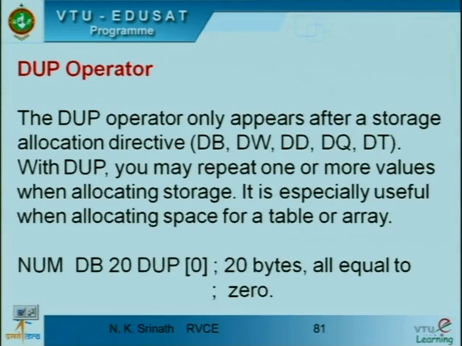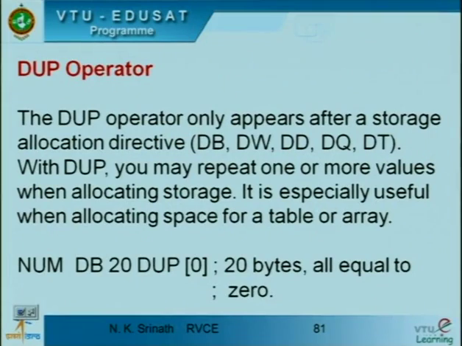Now apart from this, there is a quite important point, what is called the DUP operator. It is a directive which tells, along with DB, DW, DQ and DT, to reserve some set of memory locations in the same format, enabling you not to put a question mark continuously.